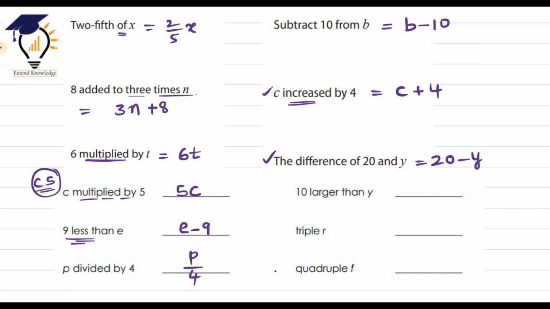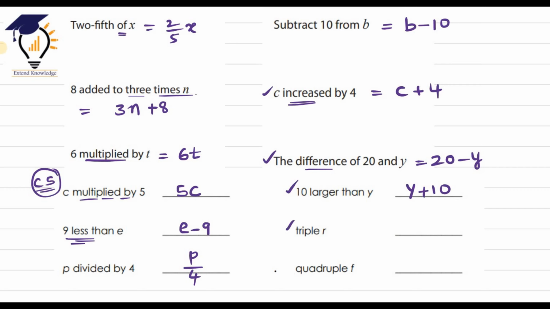It is clearly shown as the difference of 20 and y. It doesn't say subtract this from that or that from this, it simply says difference of two numbers. We can replace between with a minus sign. Then 10 larger than y: y plus 10.